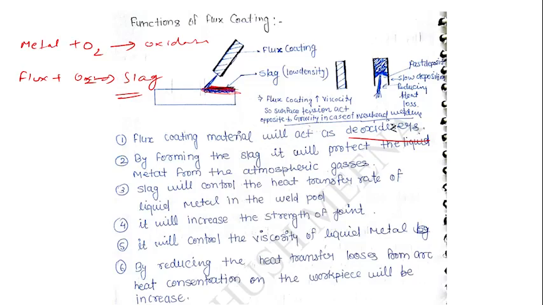So the slag will control the heat transfer rate of the liquid metal, and there will be no oxide formed because your flux will react with the oxygen and form a slag material. The slag will also increase the strength of your joint. So these are two functions of flux. First, it works as a deoxidizer, and then it also reduces the effect of the magnetic flux line, hence there will be less arc movement.